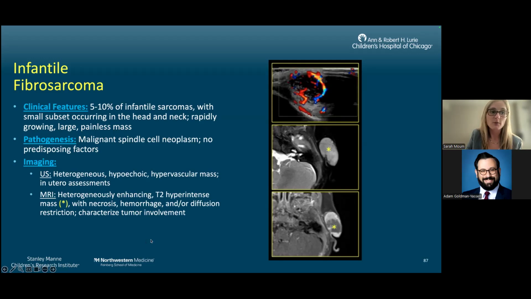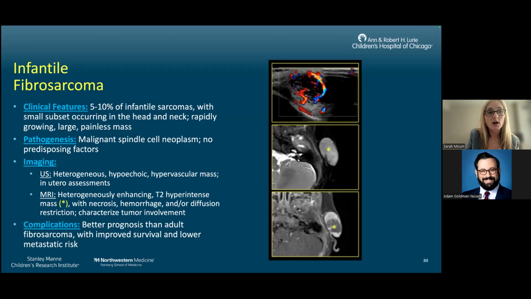There can be associated hemorrhage and diffusion restriction, as would be expected with malignant lesions. MRI is important to characterize the full extent of the lesion and involvement of associated structures for treatment purposes. Thankfully, infantile fibrosarcomas have a better prognosis than adult fibrosarcomas, with improved survival and lower metastatic risk as long as we can achieve complete resection.